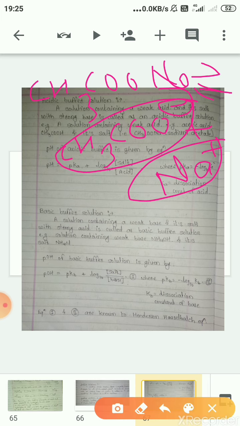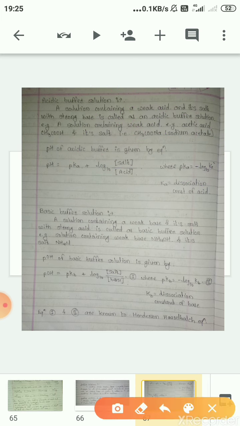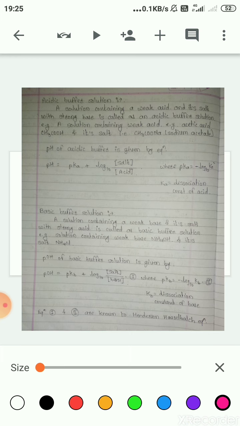Before that, we have to see how we can calculate the pH of this acidic buffer solution. Before this, we have seen how to calculate the pH of acidic solutions, and there we saw pH is equal to negative log to the base 10 of the concentration of H plus ions.